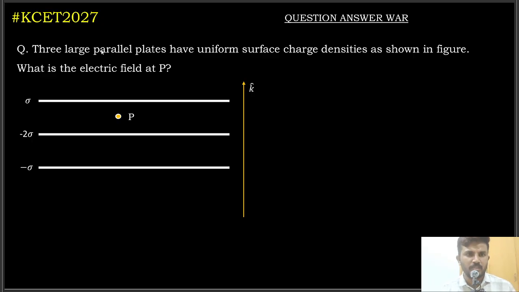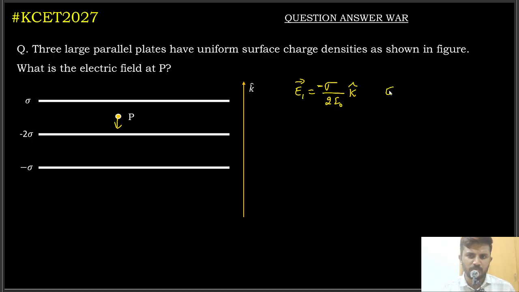Then we have 3 large metal parallel plates with uniform surface charge densities as shown in the figure. Due to the positive plate, the electric field E1 is equal to sigma divided by 2 epsilon naught. Which direction? Along the negative z axis, so we can write downwards.